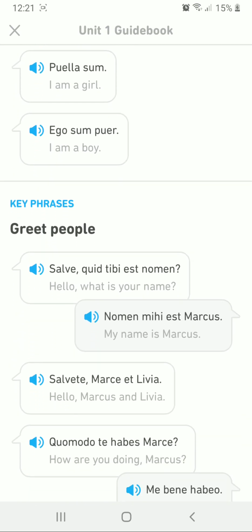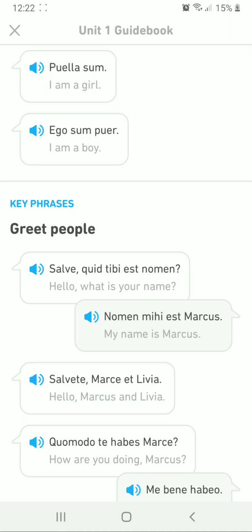For the greeting, salve, just like in Italian. Quid tibi est nomen? Tibi, it's your, and nomen, it's name. And nomen mihi est Marcus.